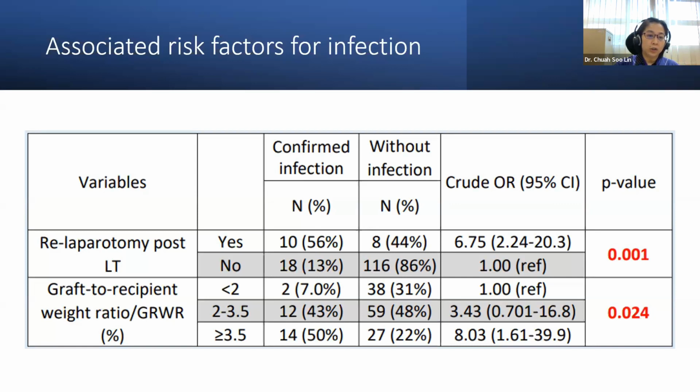And GRWR, graft to recipient weight ratio: the higher it is, the higher the risk of infections. Once the GRWR is more than 3.5, the risk of infections is actually 8 times higher.